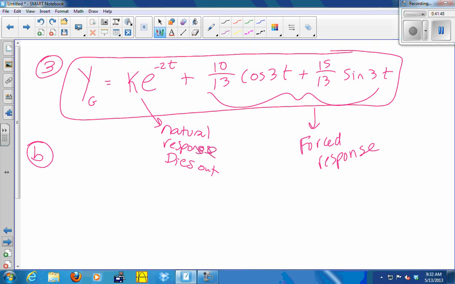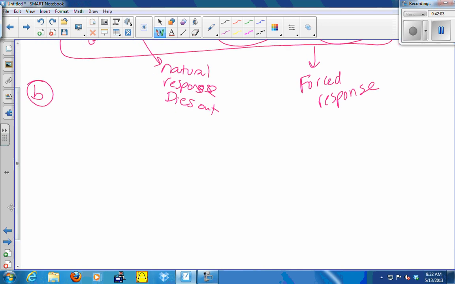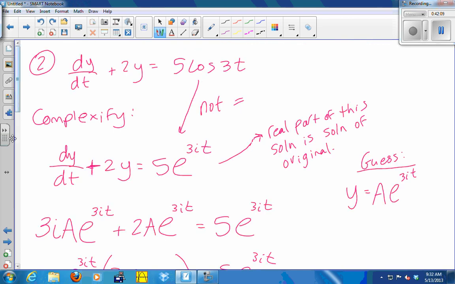I'm not going to put that on the test, but you can do it. So you want it all written in terms of one trig? Well, there are shortcuts that we never really discussed.